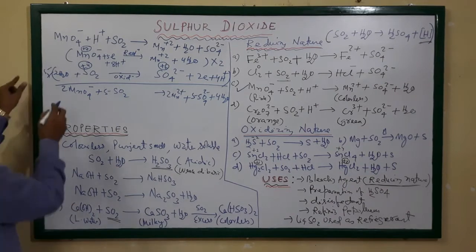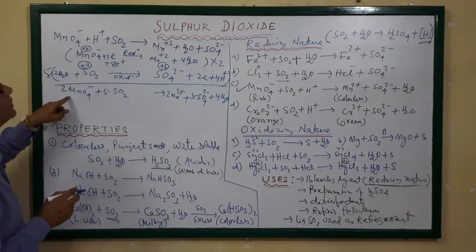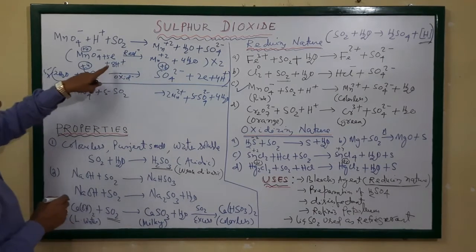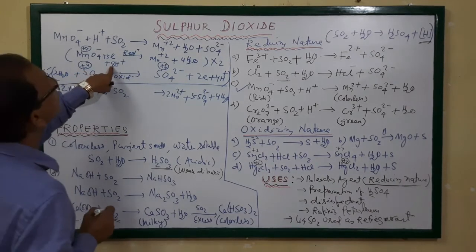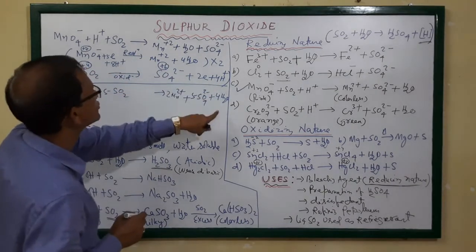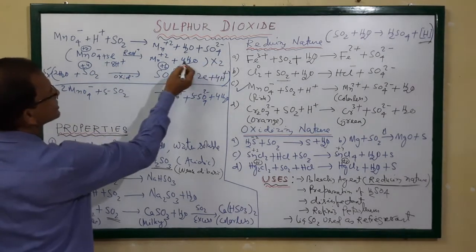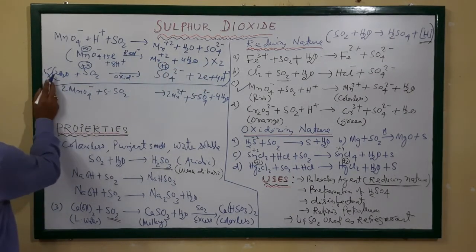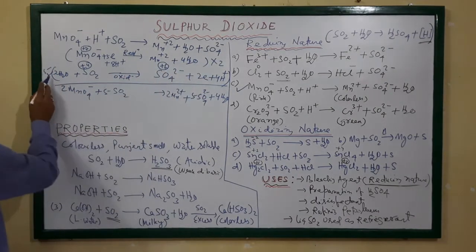You see here how many? 2 negative, 4 positive, 2 negative, multiplied by 5SO2. Now how much H plus remains? Here 8H plus and here 8H plus, that is 16, but on the other side 20. Now water: here it is 8H2O, 4 into 2, and here it is 10H2O.